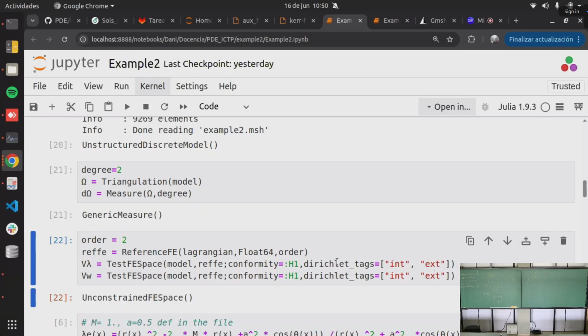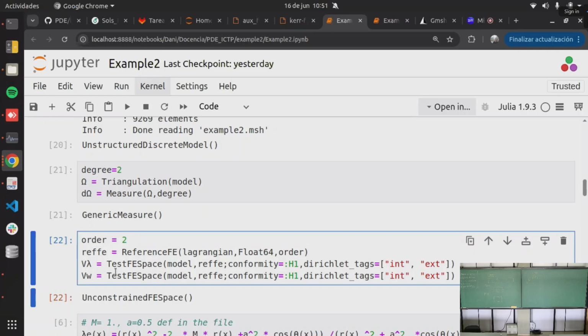So we have to tell the algorithm this way. In the creation of the test space, we do that because in imposing the Dirichlet conditions, we need to tell the algorithm what will be the value of the solutions.